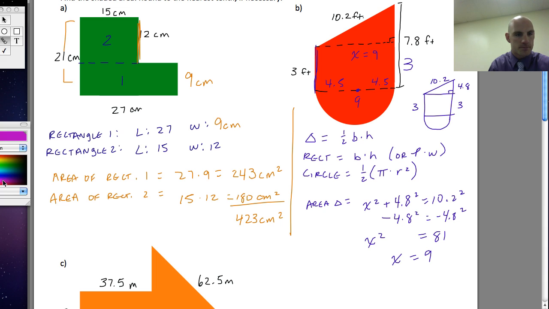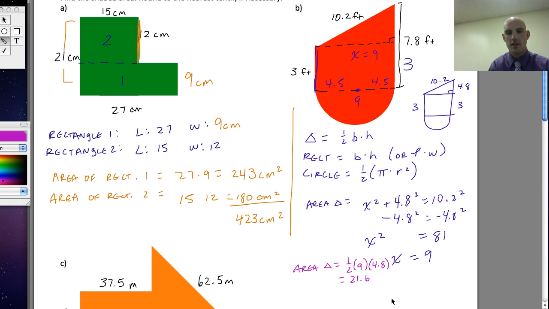The area of the triangle equals 1/2 times 9 times 4.8, which gives me 0.5 times 9 times 4.8, 21.6. What about the area of the rectangle?